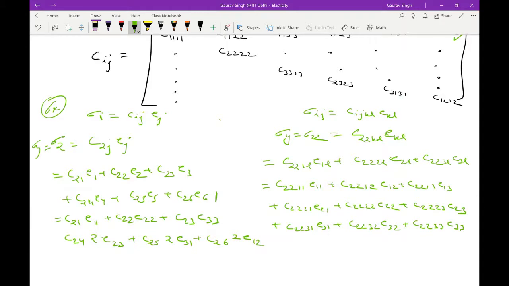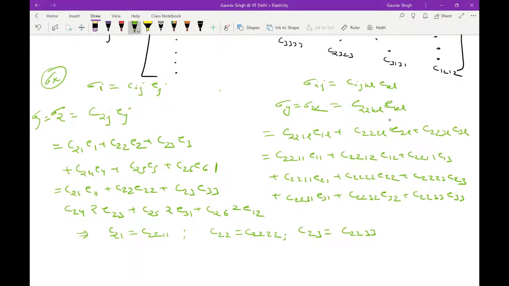Now this implies that C21 is equal to C2211. C22 is equal to C2222. C23 is equal to E33, C2233.